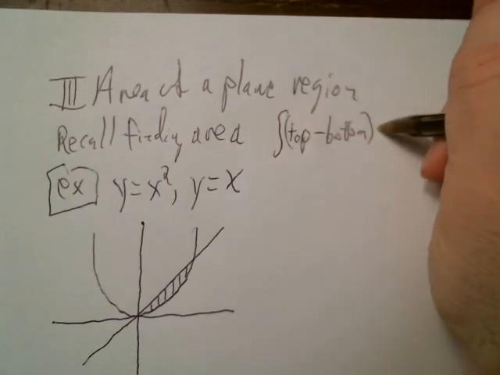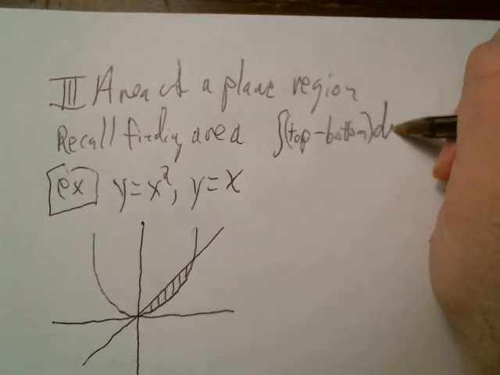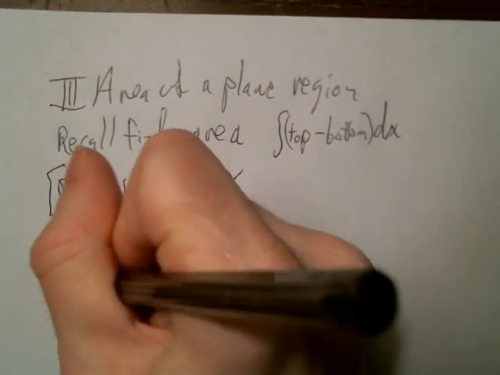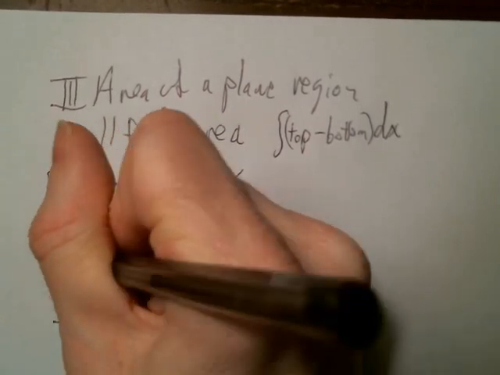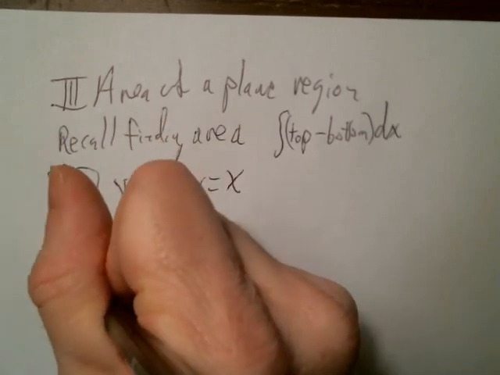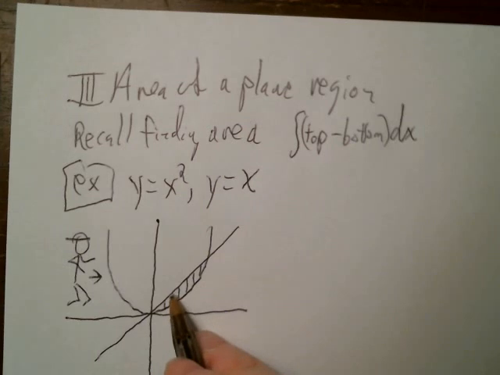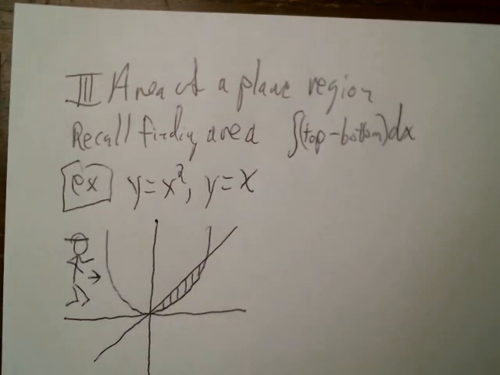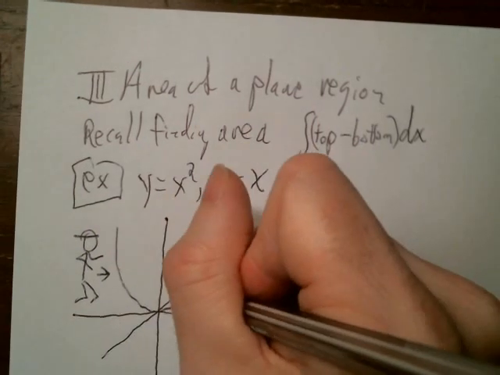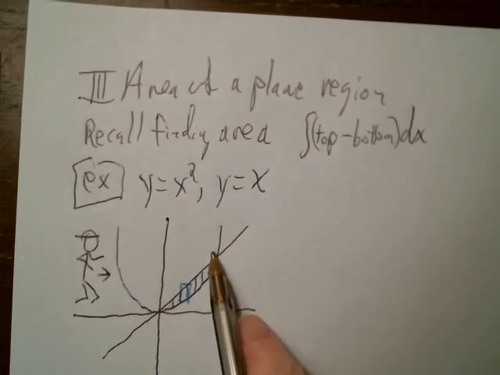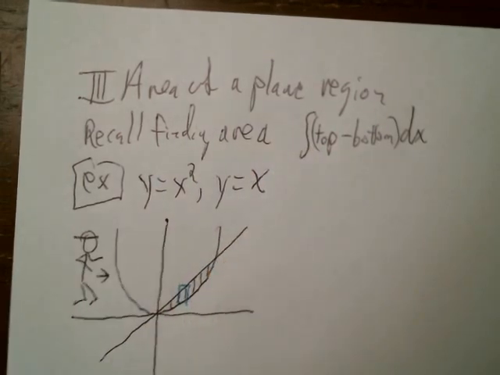And in this case right here, we're oriented with respect to x. So if you took Calc 2 with me, you'd remember me talking about the Riemann man running across in this orientation, picking up little rectangles, right? So you would be picking up rectangles where the bottom of the rectangle is given by this curve, the top is given by this curve.